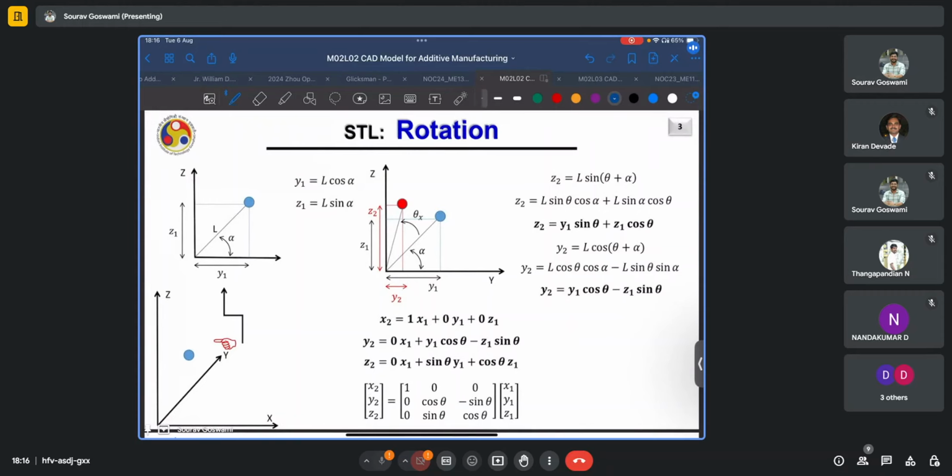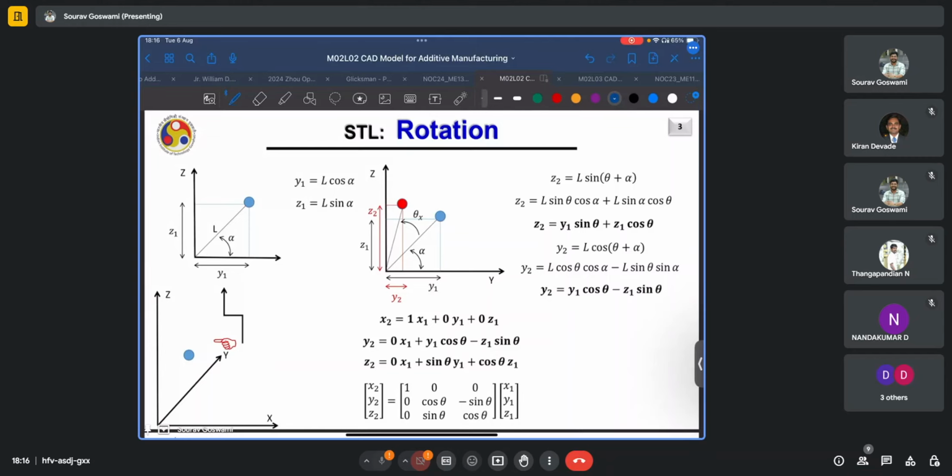As most of us would be aware, in any mathematical package or in any engineering package, rotation is usually accomplished by matrix multiplication, and here the same has been derived.